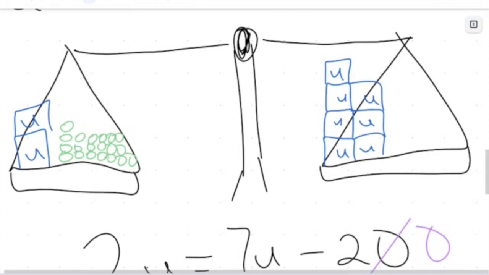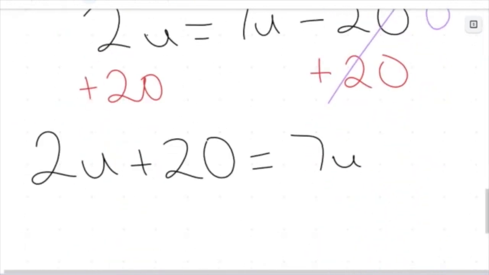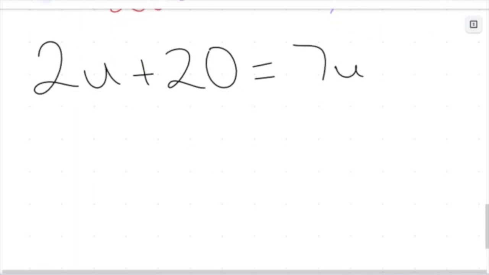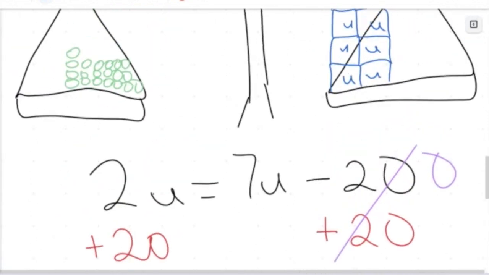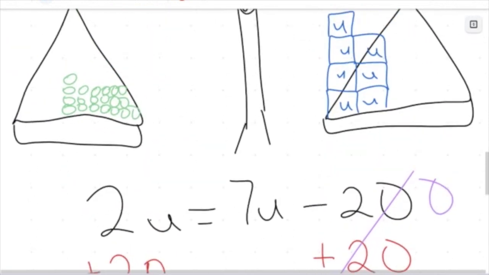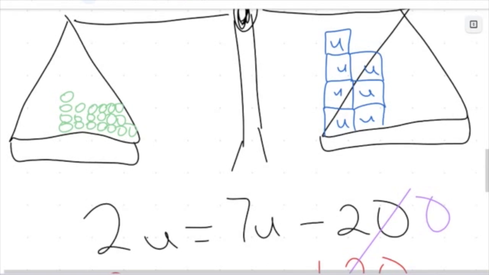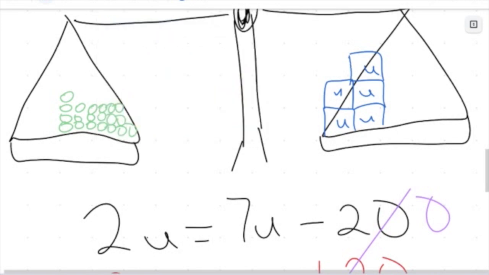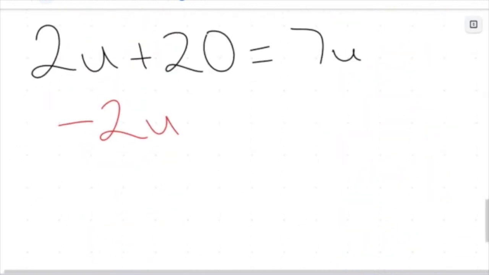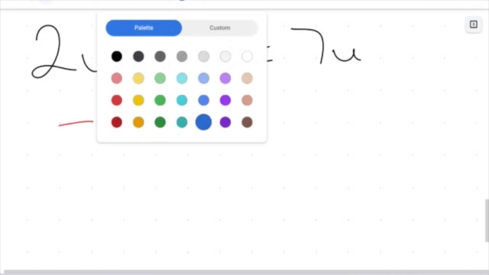So if I subtract these two boxes, so I minus 2u from here, well, that unbalances this, right? So I want to do the same here to leave me with a nice even balance. So I've minused effectively 2u from each side.